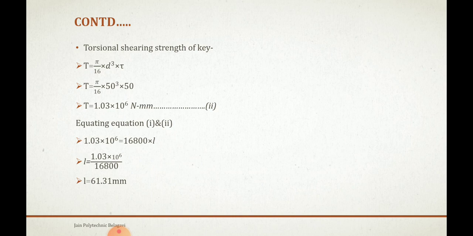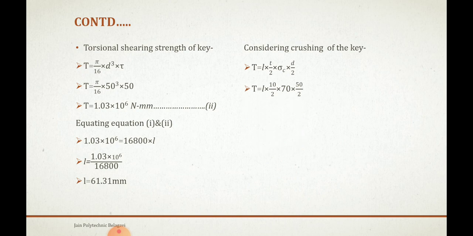We also have to calculate based upon the crushing strength. So consider now crushing strength. We have the formula T equal to L into t by 2 into sigma C into D by 2, where sigma C is our crushing stress. So T equal to L, t is 10 mm, the thickness of the key, divided by 2, into sigma C, which is 70, into D, the diameter of the shaft, that is 50 divided by 2.